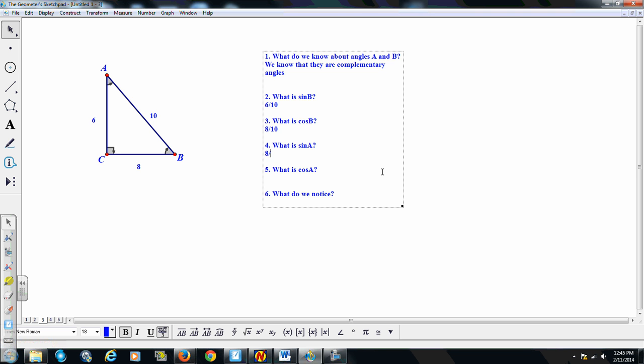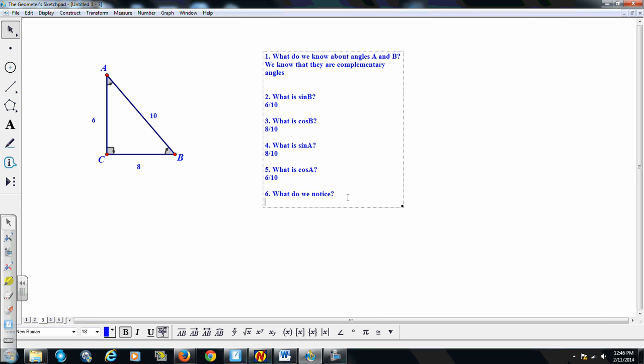So 8 over 10 has to be our sine. Again, the hypotenuse never changes. Since the segment length 6 is helping make angle A, 6 has to be the adjacent. So 6 divided by 10 has to be the cosine of A.